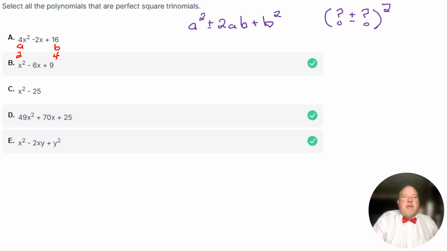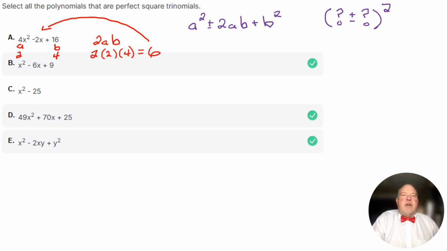And then the middle term, this negative 2x, I should be able to find by doing 2 times a times b. So that would be 2 times 2 times 4. But when I multiply those together, I get 16, which is not what the middle term is here. So this one is not a perfect square trinomial. So when I multiply 2 times a times b, it should come out to that middle term.